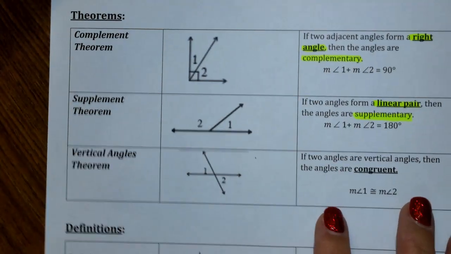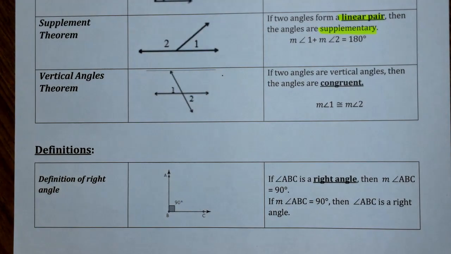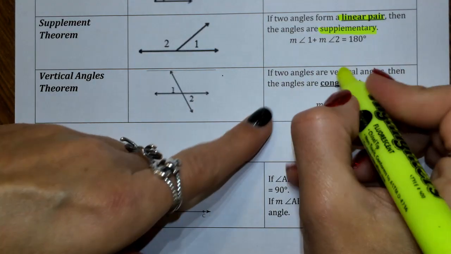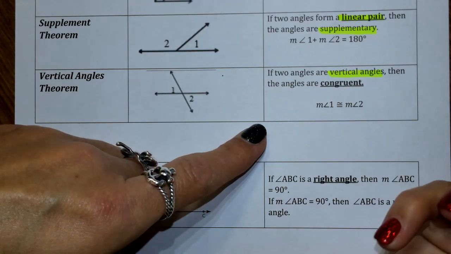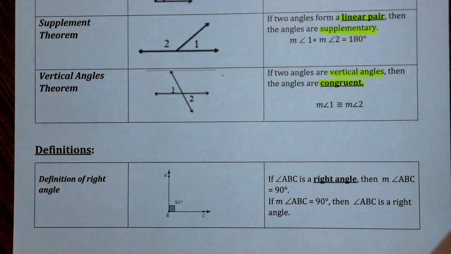Flipping back again, let's take a look at the vertical angles theorem. In your vertical angles theorem, in your hypothesis or the conclusion, we can have the converse, okay? And I'll talk about that one with this one. If we have two angles that are vertical angles, then the angles are congruent, okay? In the converse, they may not put vertical angles first, then congruent. They may say if two angles are congruent, then they are vertical angles.